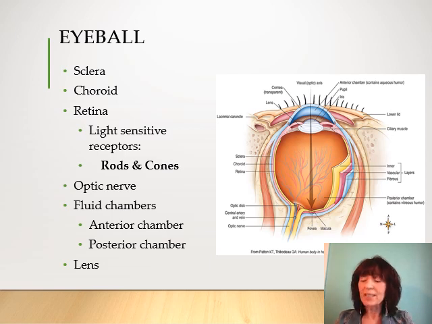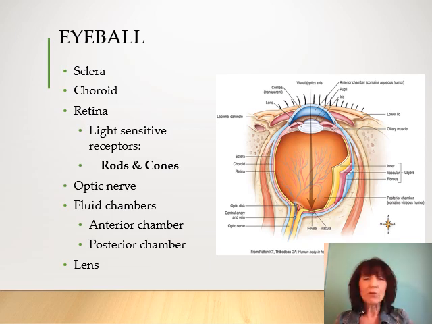The lens is transparent. The ciliary muscle relaxes and contracts to change the shape of the lens, and this is called accommodation. To focus on a near object, the ciliary muscle contracts, making the lens curve. For distance, the muscle relaxes, making the lens flatter.